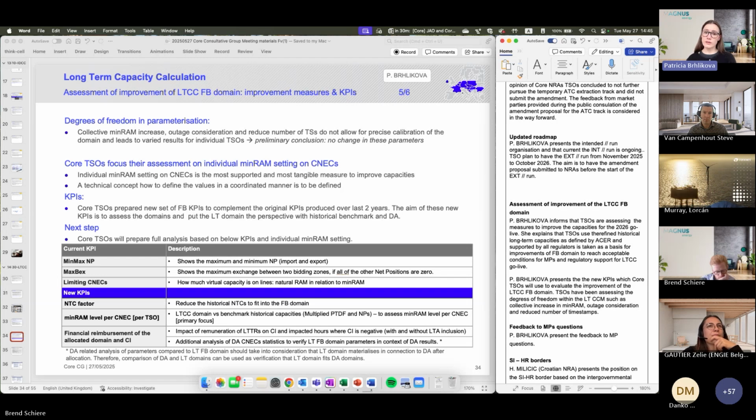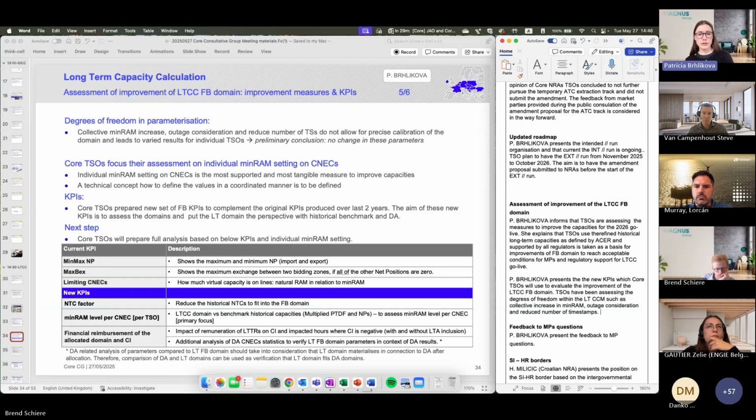There are different approaches which could apply for this MinRAM setting on CNEC level, but it is currently the most supported and most tangible measure to improve capacities, and the technical concepts will further need to be defined by TSOs. And also we are trying to see the high level of coordination for this measure and how to apply it in our process.